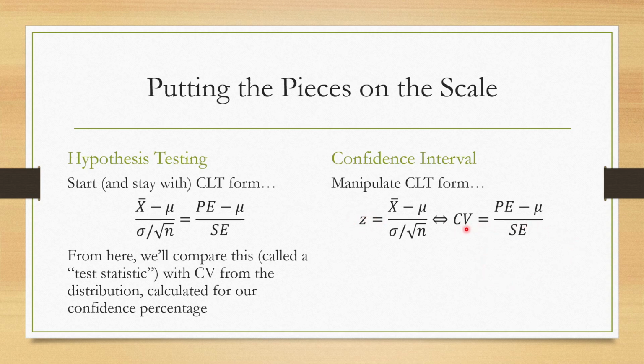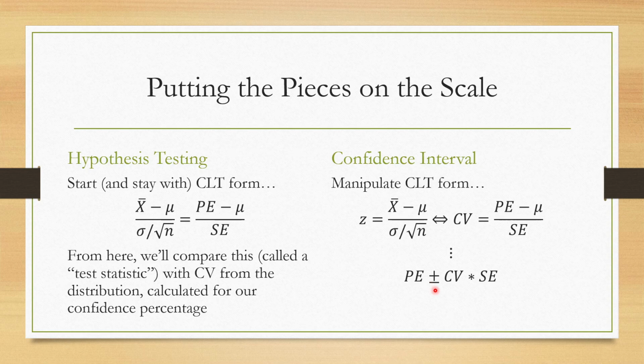And now, instead of being on the scale of the critical value, we're going to solve to figure out what mu is in relationship to all of this. And if we work this out, and if we have both the positive and the negative critical values, then we get this expression, which is the general expression of a confidence interval.